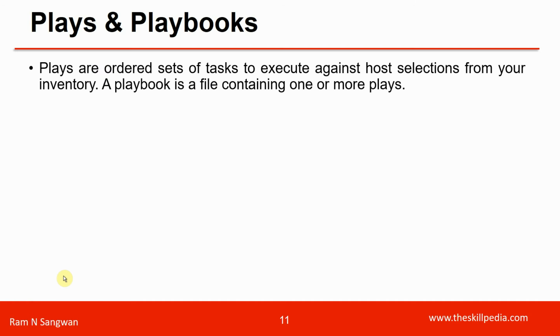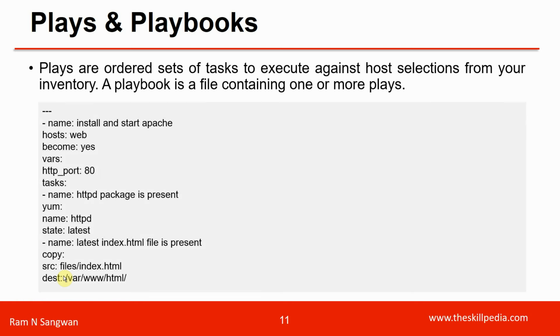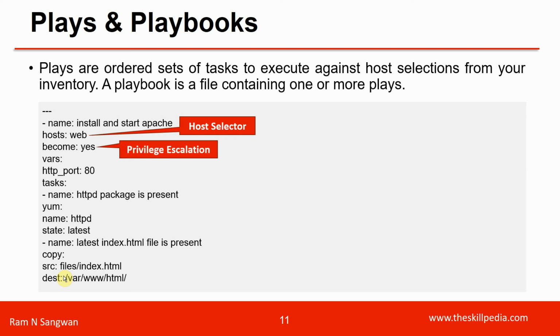So plays are an ordered set of tasks. A review again: a playbook is a file containing one or more plays to execute against host sections from your inventory, and that's what we studied. Let's go inside once again. The hosts selector is defined by the hosts directive.